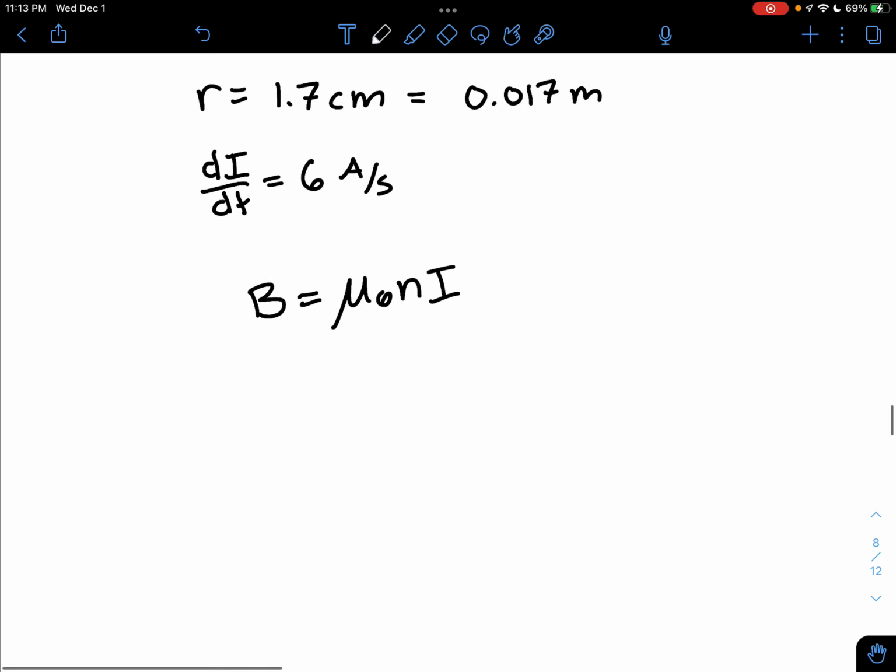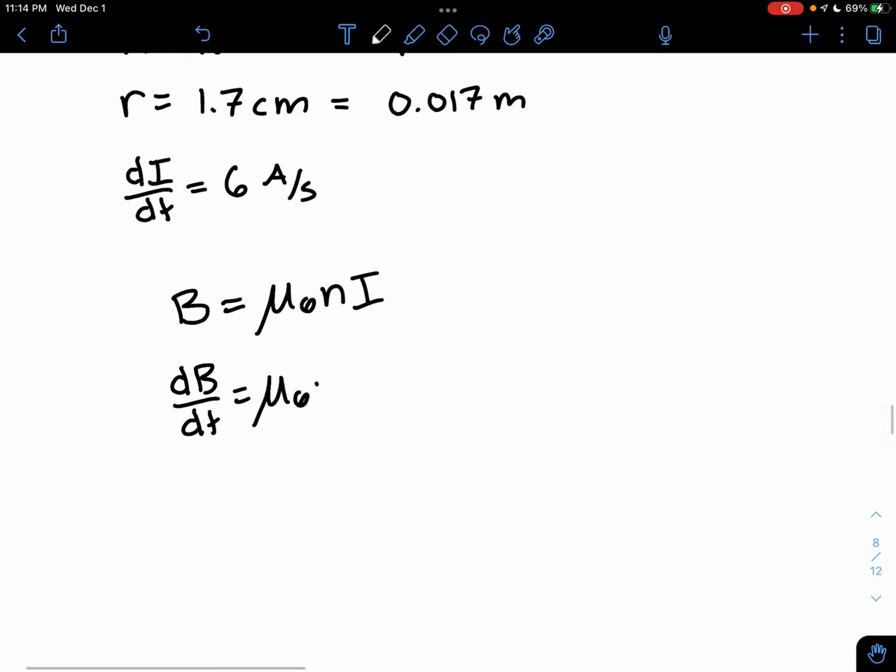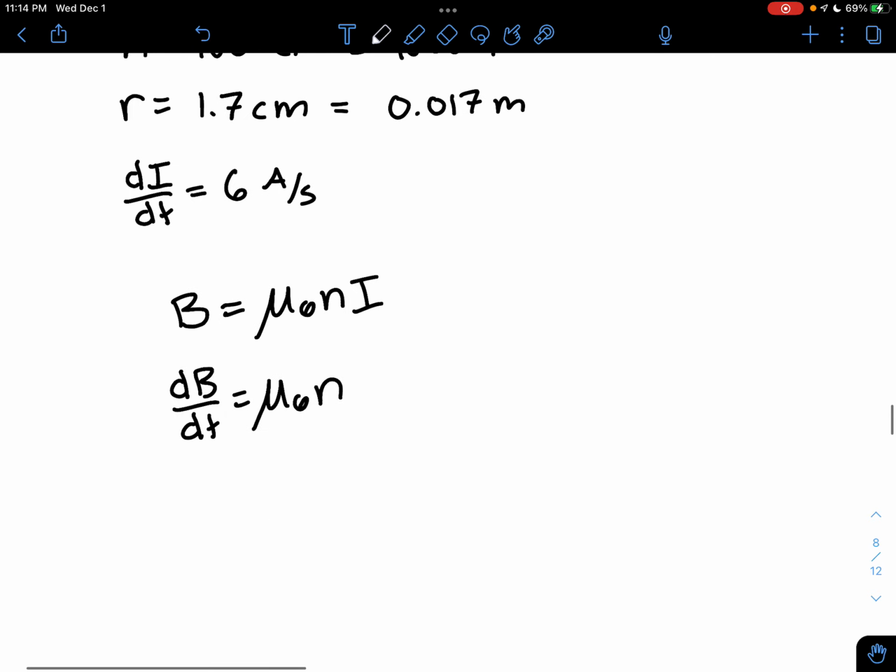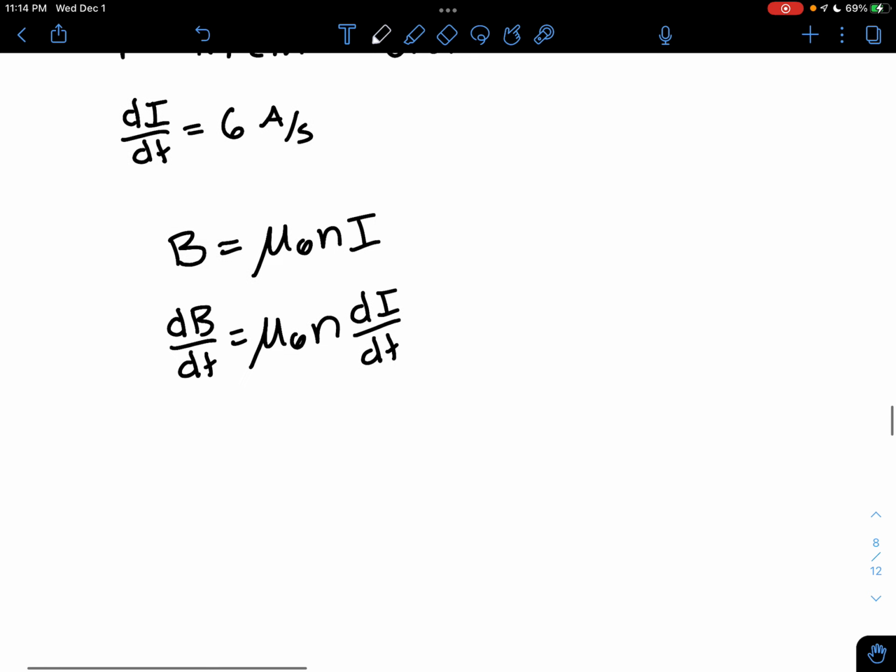So I'm going to differentiate both sides of the equation with respect to t. That gives us dB dt equals mu naught, which doesn't change with time, n isn't changing with time, but I is. So we get di dt.